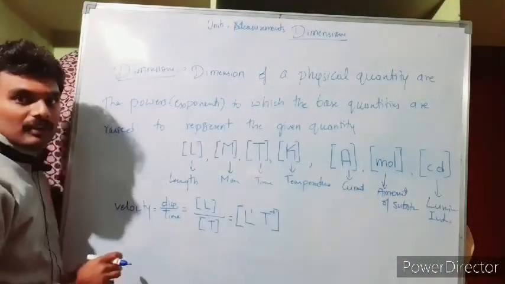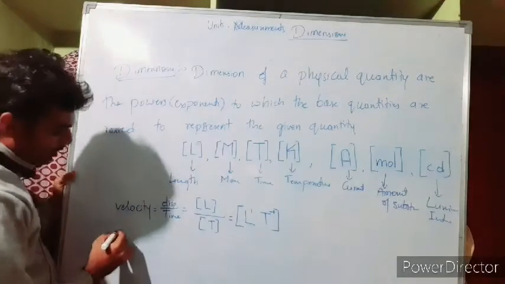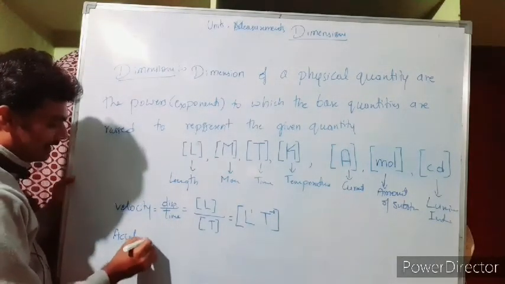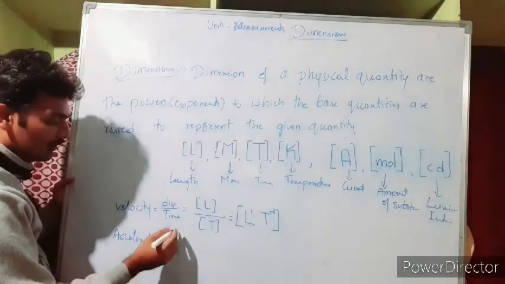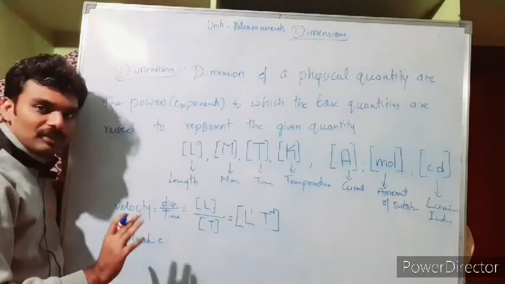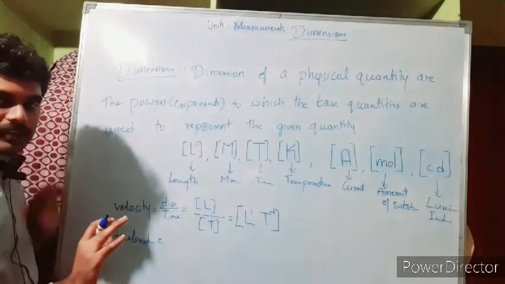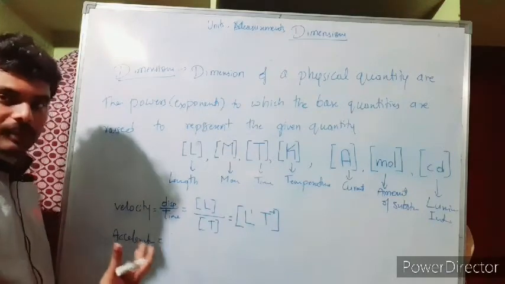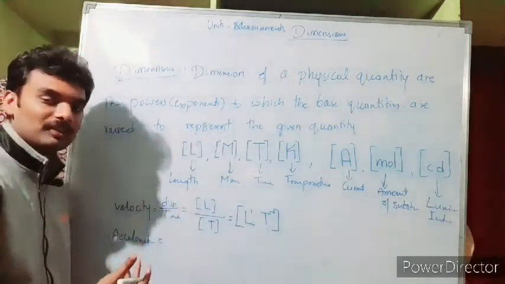In the same way, if I write the dimension for acceleration, acceleration is change in velocity by time. Change in velocity means it's velocity itself, nothing else. Dimensionally, the unit and dimension will be the same for velocity and change in velocity.